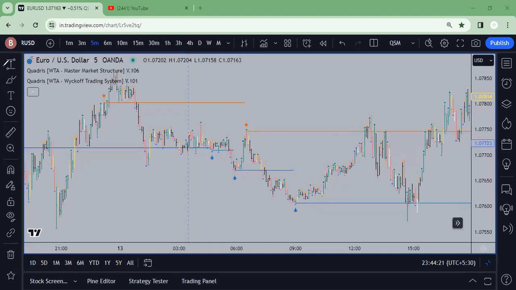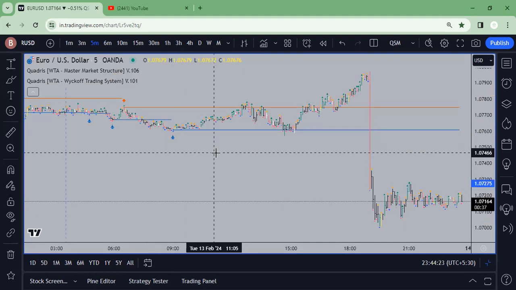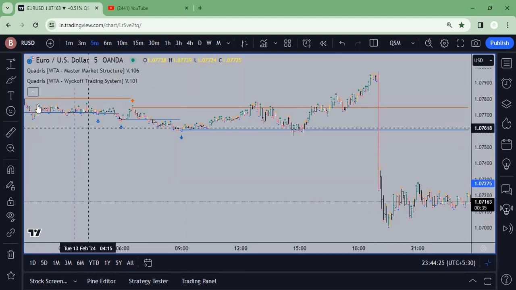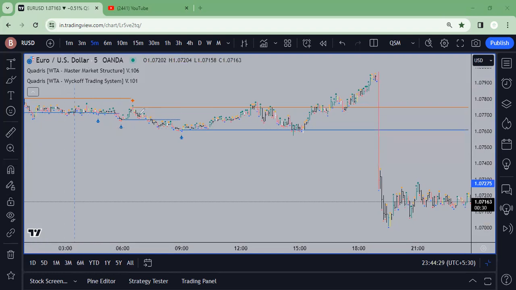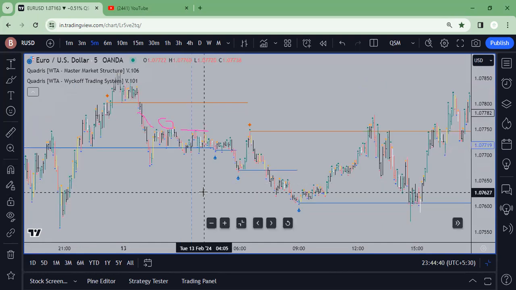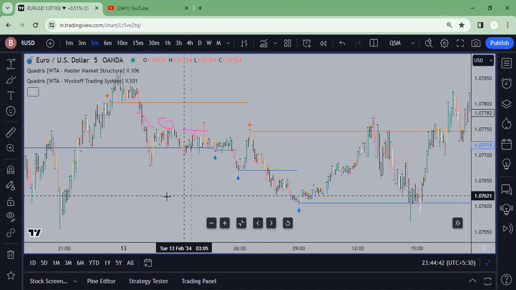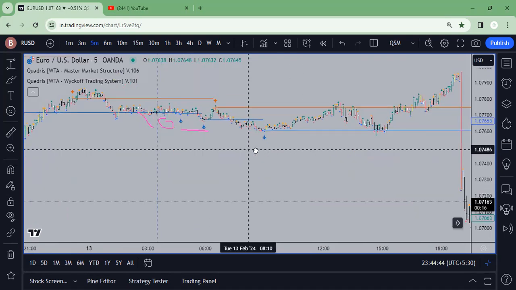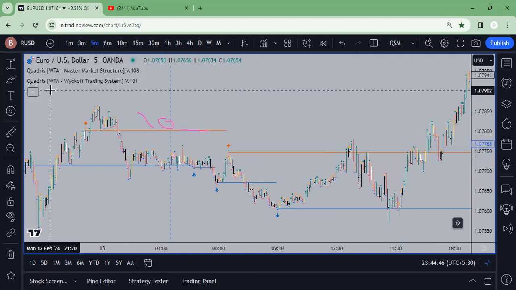After that, if you see what happened in the later part of the day, again we got a breakdown, some degree of test, and then a new level formed. So once again I'll set up the chart in such a way that, okay, now it's fine.